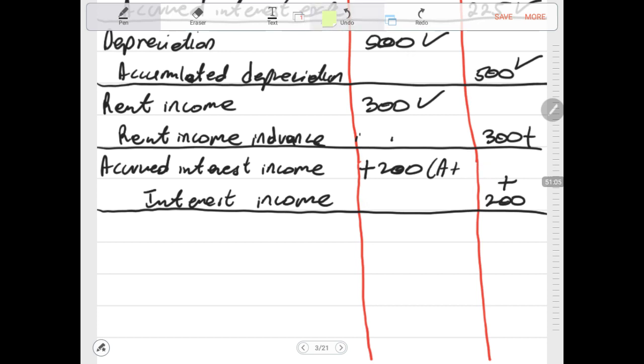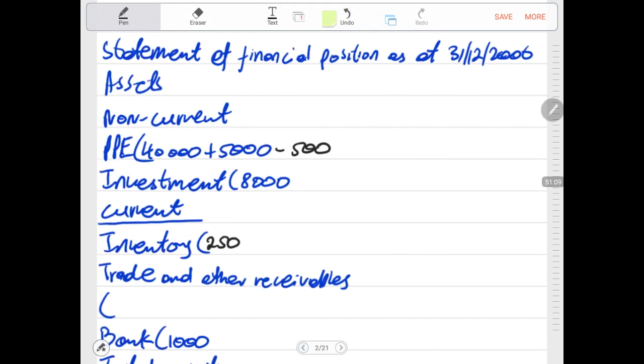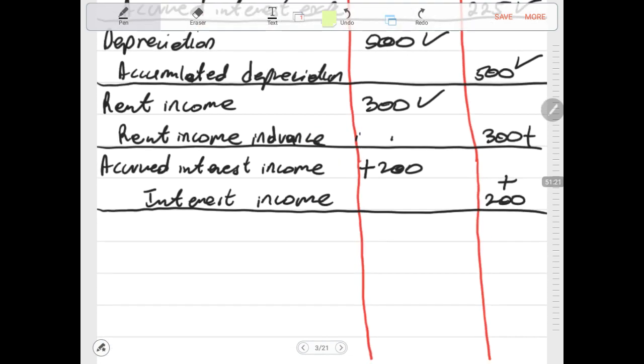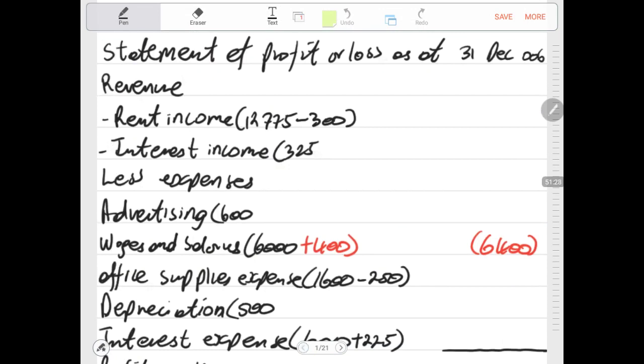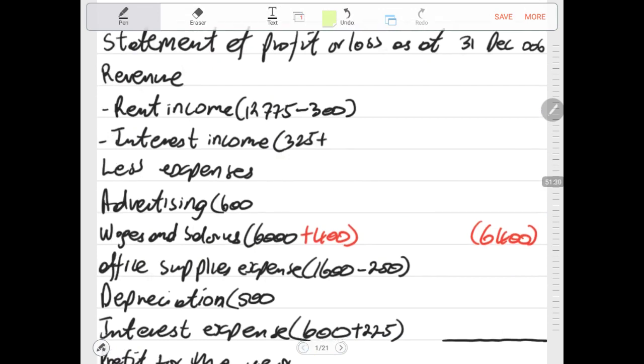So we must record there, under trade receivables, the amount of 200, which is accrued income not yet received. Then income goes to the income statement and the increase is on the credit side, meaning our interest income must be added with the 200 so that at the end of the day we get to 525 rands.